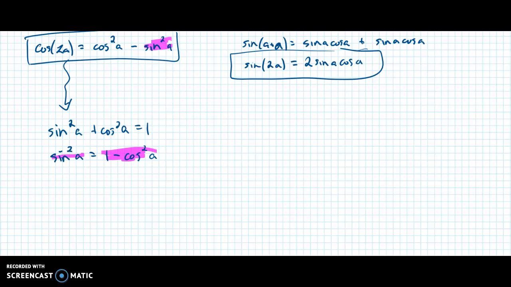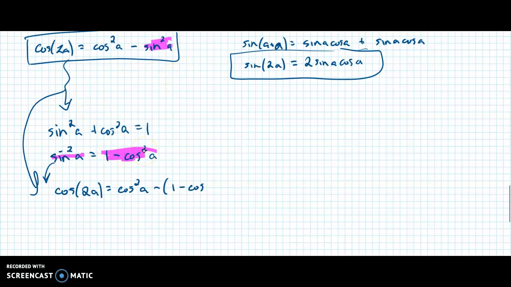So if I do that, I'm going to slide that in, I get the cosine of 2A is equal to cosine squared A minus, and then I'm going to fill in this guy right here. So 1 minus cosine squared A, correct? Yep.